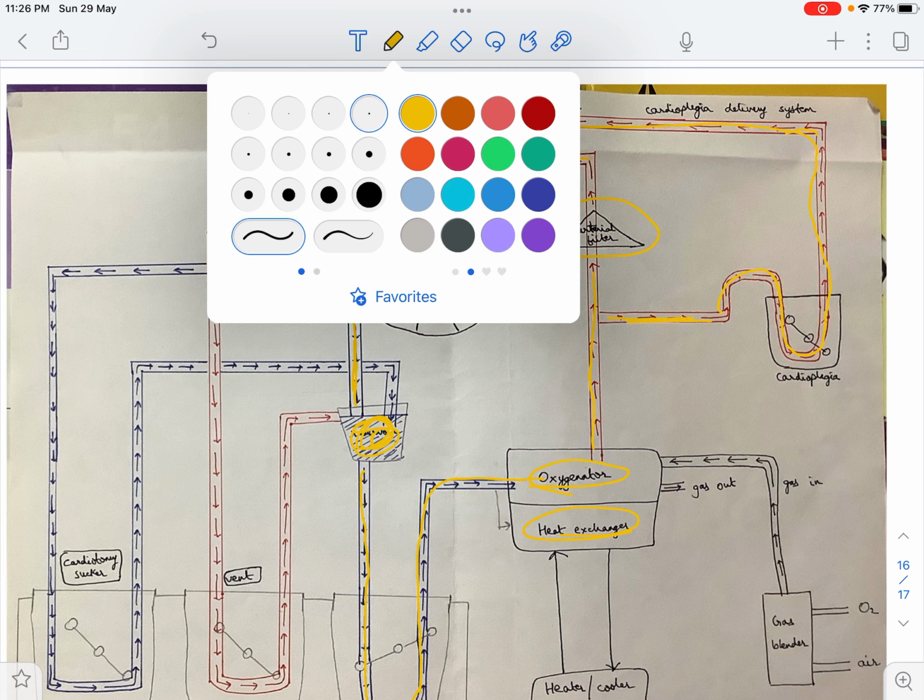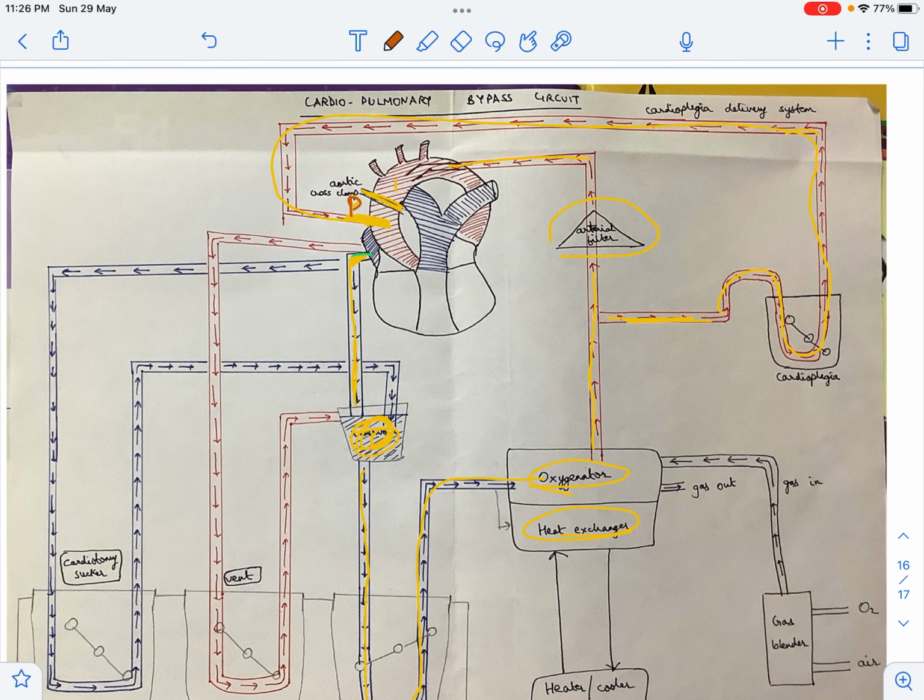Why is it proximal and not distal? Because you want to isolate the heart from the rest of the circulation. If this cardioplegic solution were to enter the systemic circulation, it would cause other complications.